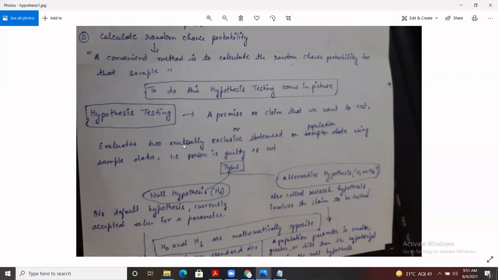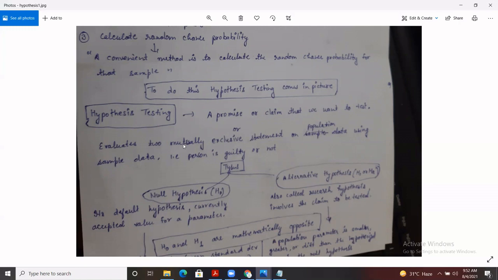Null hypothesis is the default one, that is already accepted. In the example that I gave you, the company claims that the product is killing 99.9% of germs. So the null hypothesis in that case is 99.9%. But the other person claims that the product is not killing 99.9% of germs.